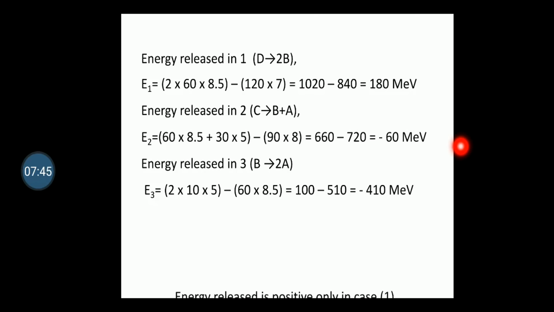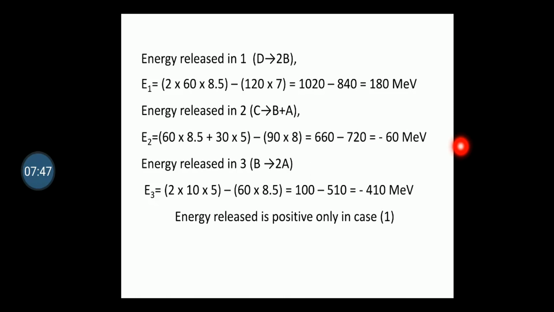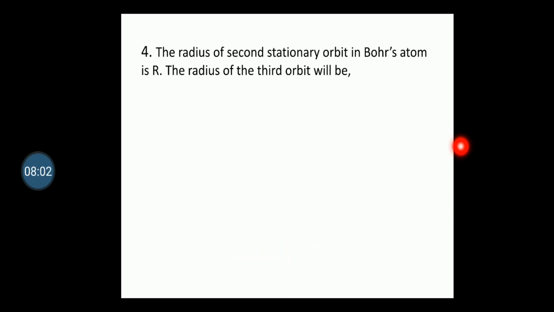When we compare all these 3 equations, energy released is positive only in the first reaction, and in the other 2 reactions it is negative. Energy is not released here, it is absorbed. Hence the answer is A.